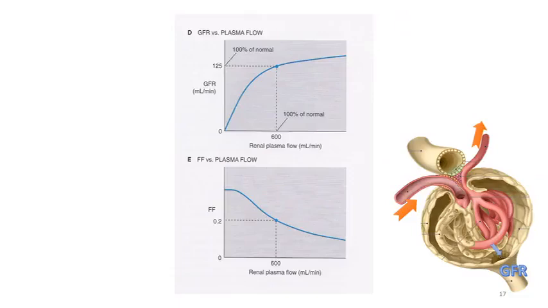In these figures, you see the relation between renal plasma flow and GFR in the upper figure and filtration fraction in the lower figure.